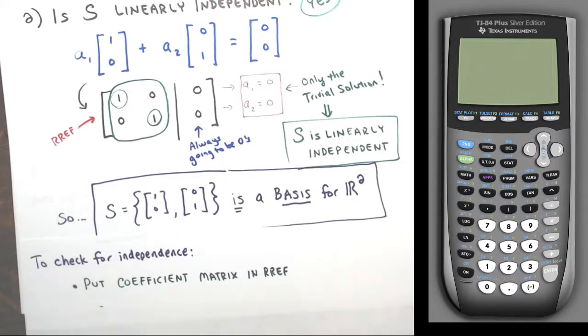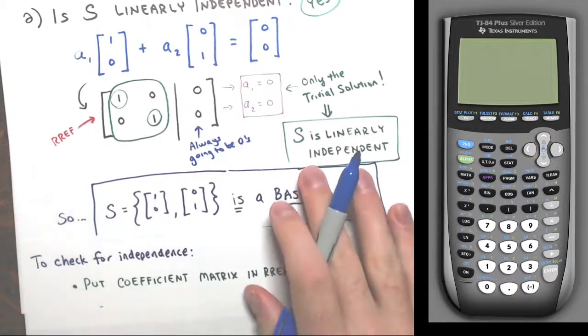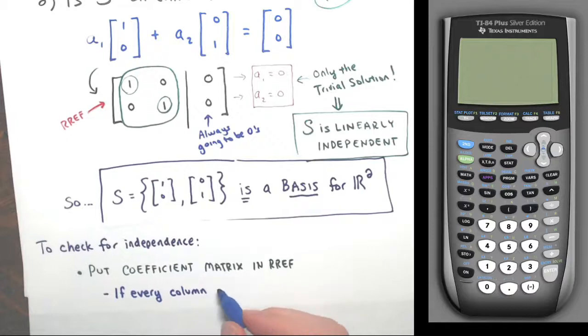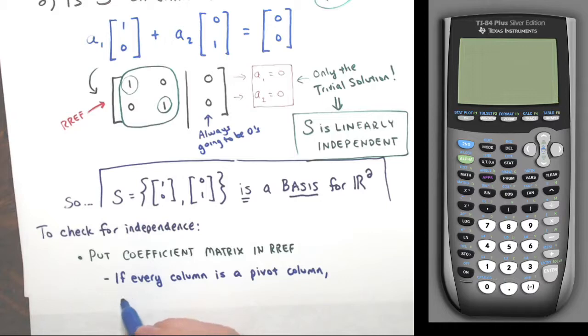All right, and then if every column is a pivot column, then S is linearly independent. Then you have a set of linearly independent vectors.